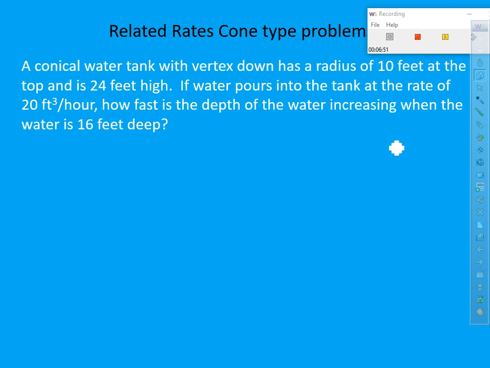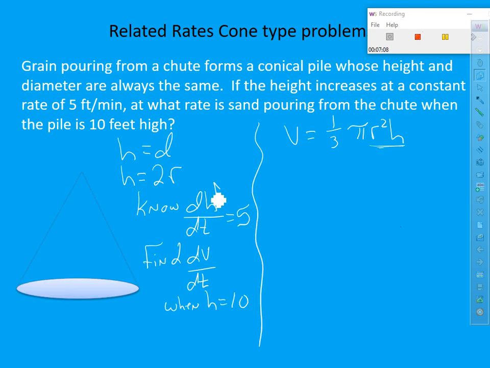So let's come back over here and look at what we have and what we're finding. I have a dH/dt. I also have H equal 10. So I need to keep the H's in my formula. And boy, that blurred together.